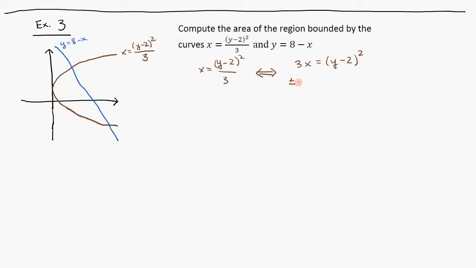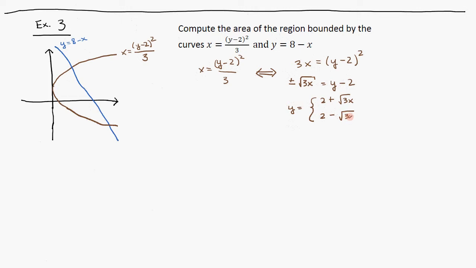Now the left hand side becomes plus or minus the square root of 3x, and the right hand side becomes y minus 2. And then adding 2, we see that y is now two functions. One function is 2 plus the square root of 3x, and the second function is 2 minus the square root of 3x.